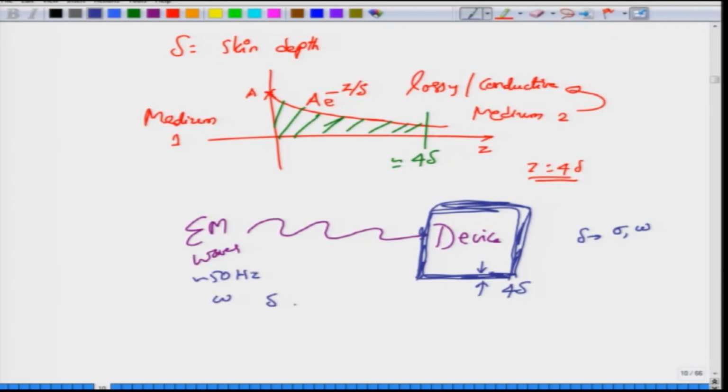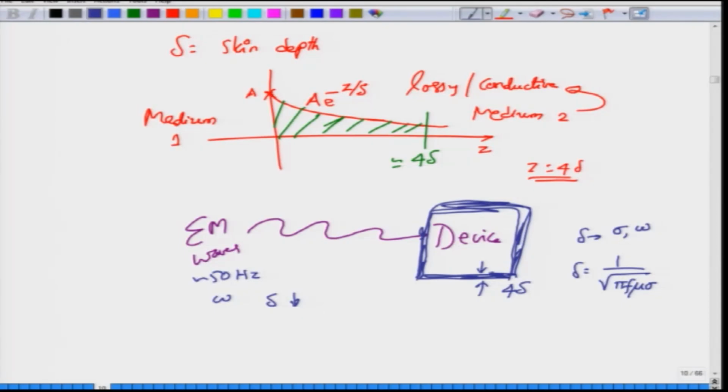Delta is inversely related to this; we wrote it as 1 by square root of pi f mu sigma. At low frequencies the skin depth will be larger, meaning that the waves can penetrate more into the metal or lossy material, whereas when frequency increases the skin depth reduces.